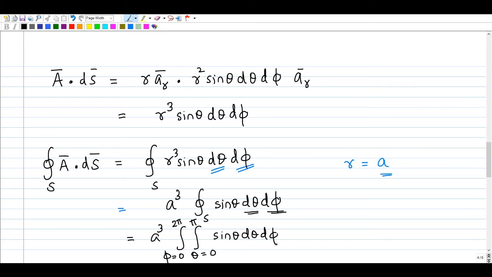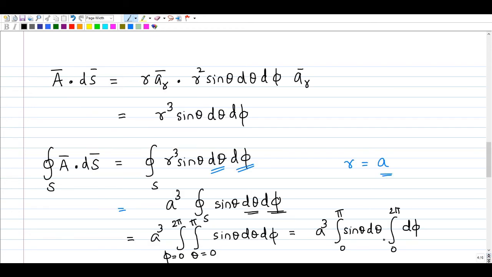So let us now integrate this. A cube into integral 0 to pi sin theta d theta. This is the first integral. Then integral 0 to 2 pi d phi. So the surface integral A dot ds is equal to A cube multiplied by integral 0 to pi sin theta d theta.